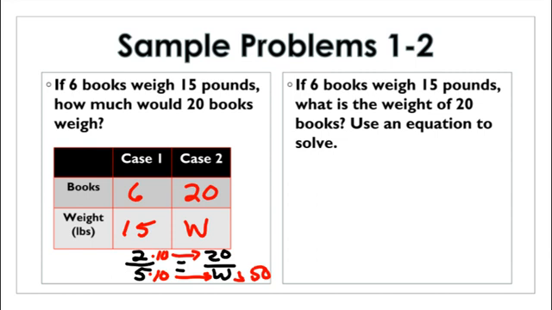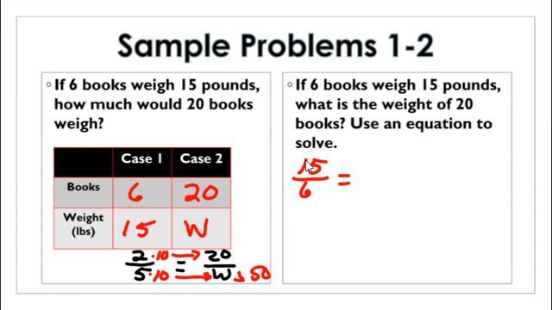Now, in order to solve for this one, we need to find out what is the weight of one book. So to find the weight of one book, we would take 15 pounds and divide it by 6 books. And if you do 15 divided by 6, you can either keep it as a fraction or put it as a decimal.